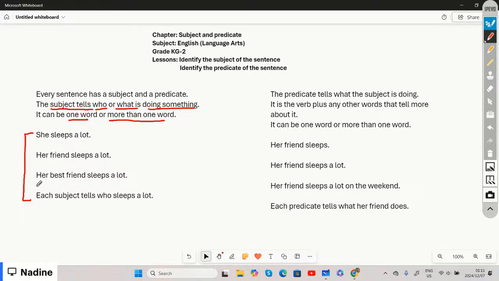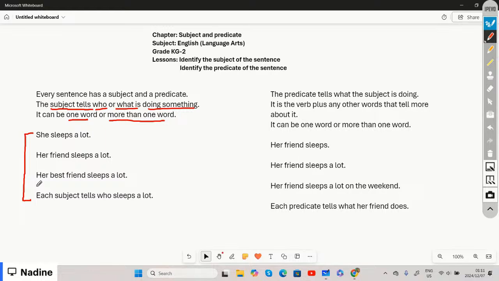If we look at our subject in the first sentence, it says, she sleeps a lot.